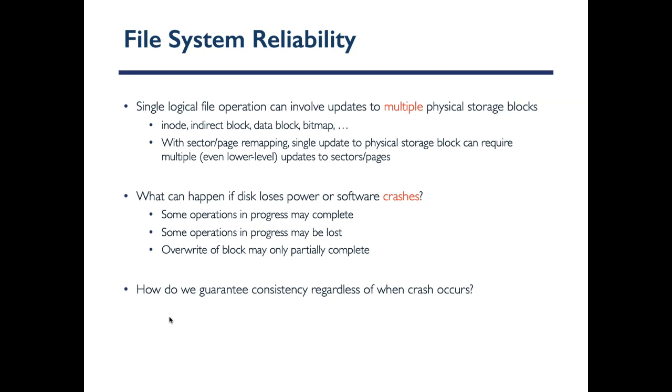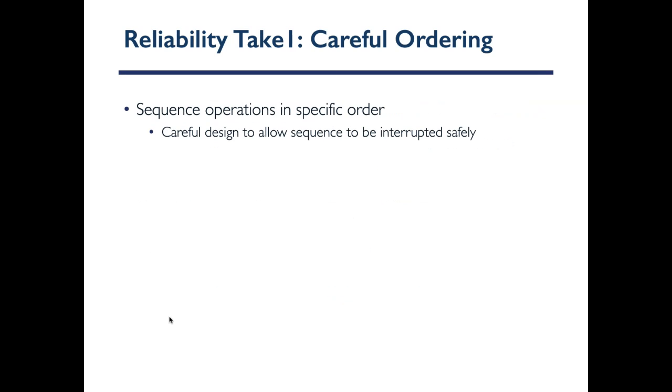So in this lecture, we're going to talk about ways to deal with those situations. The first thing you could potentially do, it's ad hoc, and it actually was used in the past, is to sequence the operations in a specific order, so that if you experience a failure or a crash, you could run a recovery routine that, given that well-crafted sequence of operations, would infer what has gone wrong, if anything, and then would try to recover from the failure and make the file system state consistent.